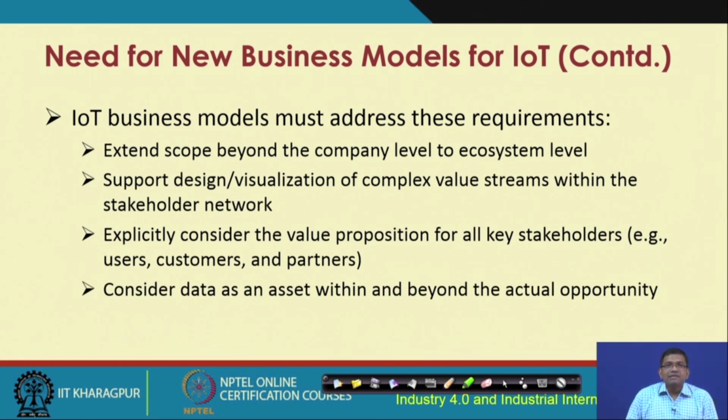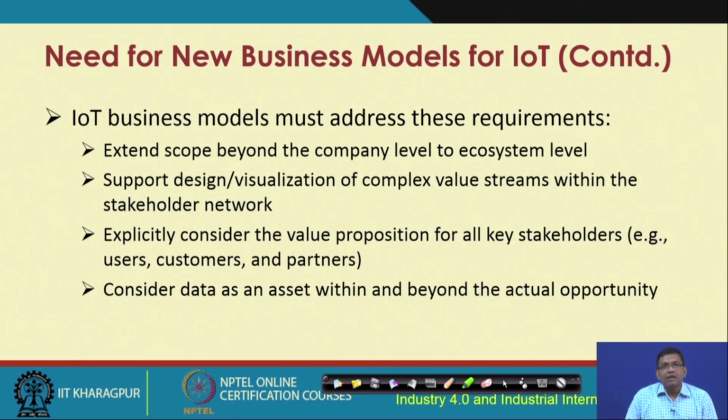The next one is the explicit consideration of the value proposition for all the stakeholders, which includes the users, the end users, the customers, and the different partners with which the business has different MOUs or understanding with other businesses.